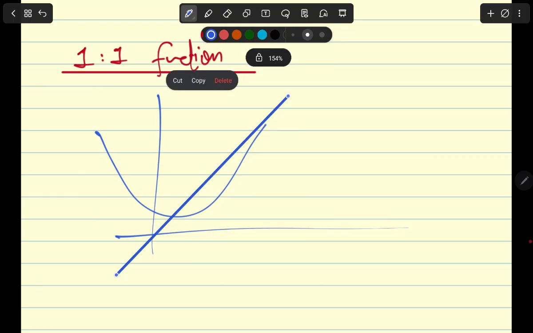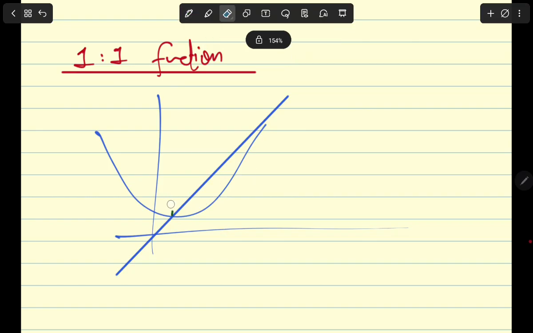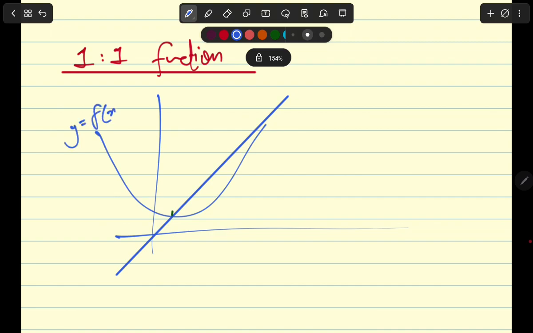Let me use another color. If I am reflecting this function, let's call it y equals f(x), and this is y equals x, which is the line of reflection.